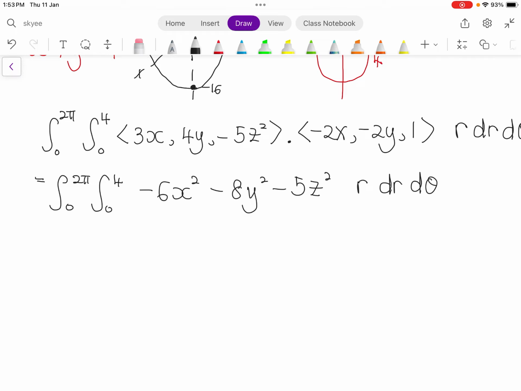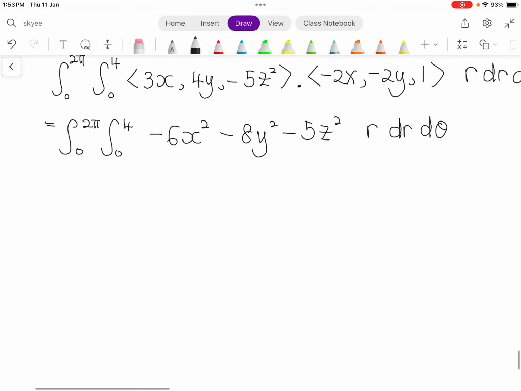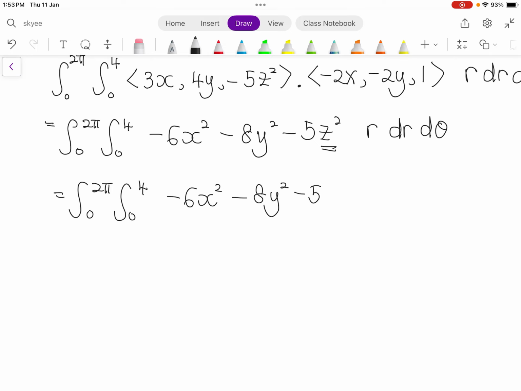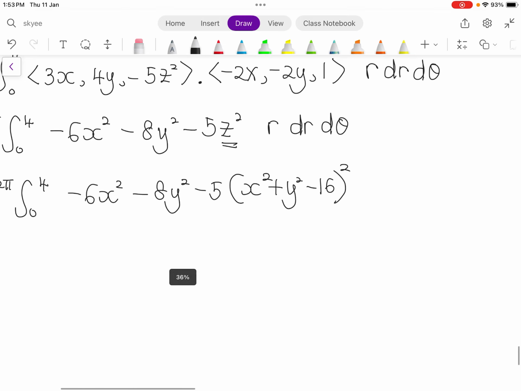Let us simplify again by replacing z with the equation of the paraboloid, so this will be x squared plus y squared minus 16, squared, times r dr d theta.